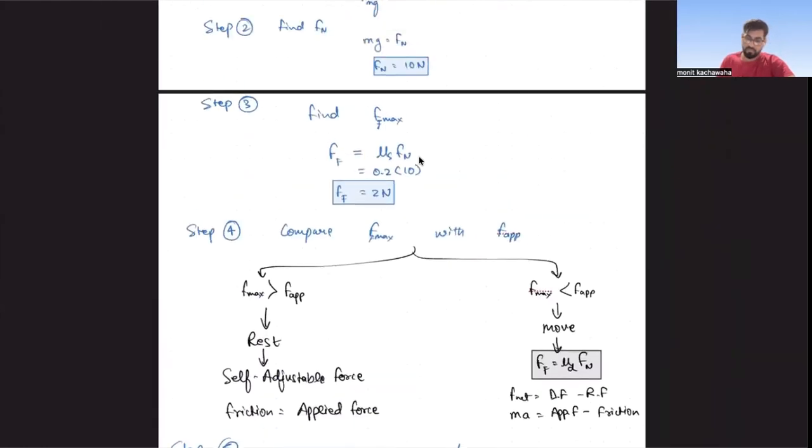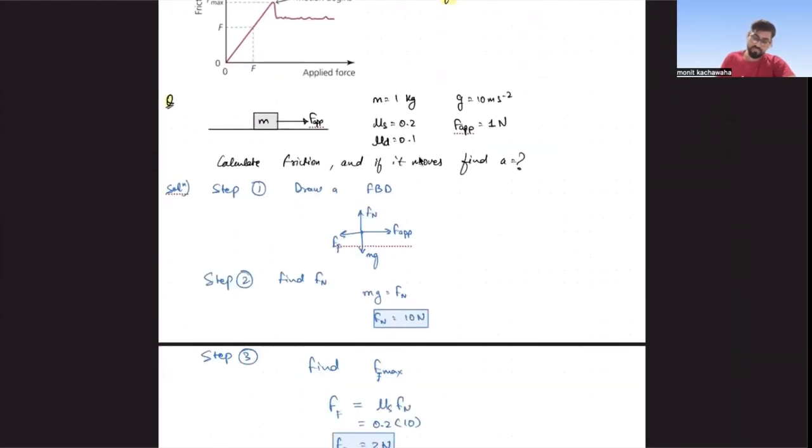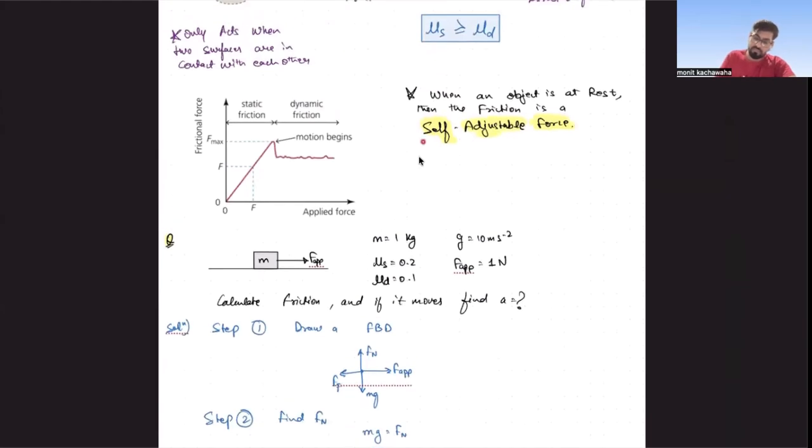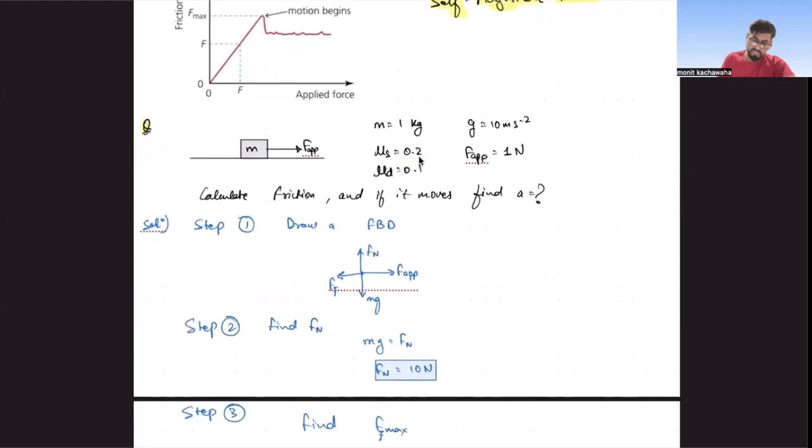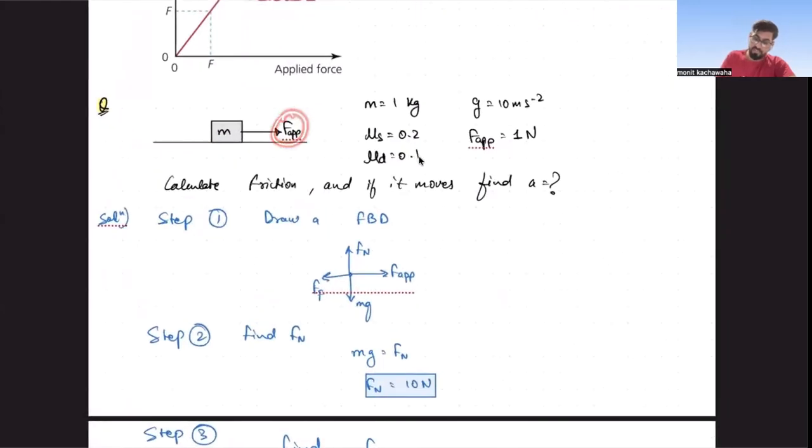So let us look once again at what the question was. So you understood what the self-adjustable force is, right? So instead of 1 Newton for F applied, if I keep 1.5 Newton, then what would be the answer for the friction?